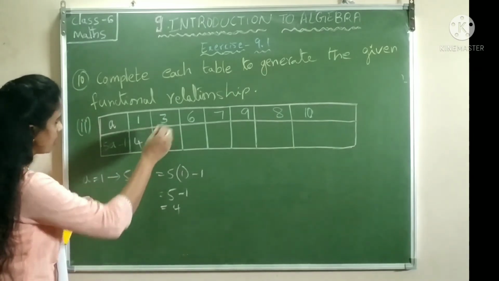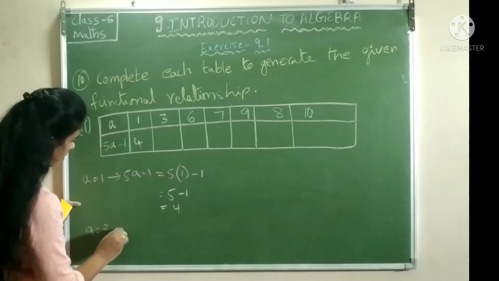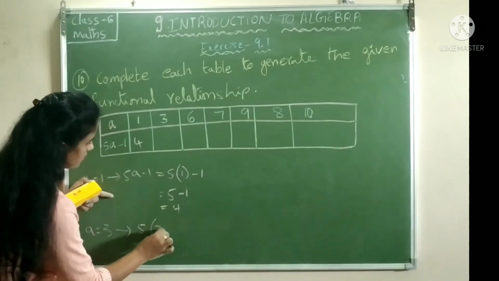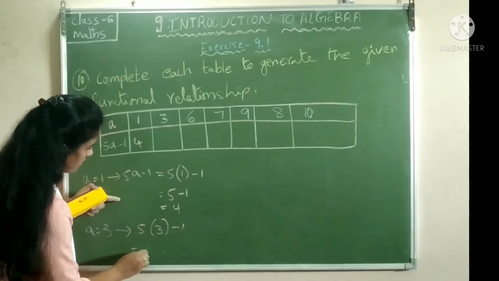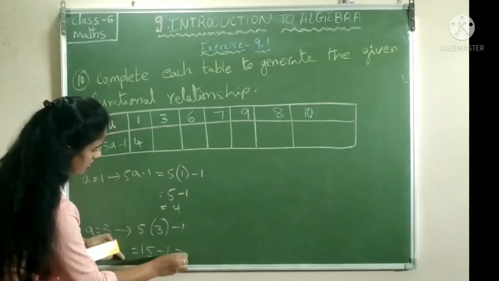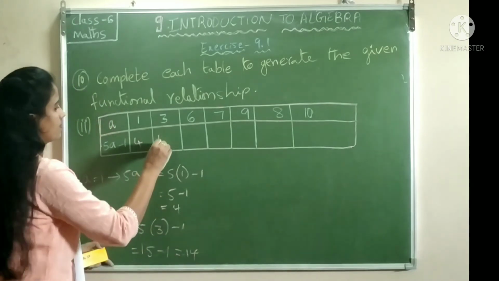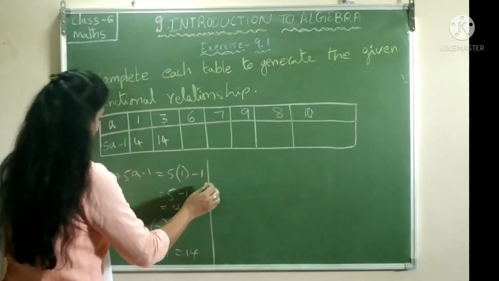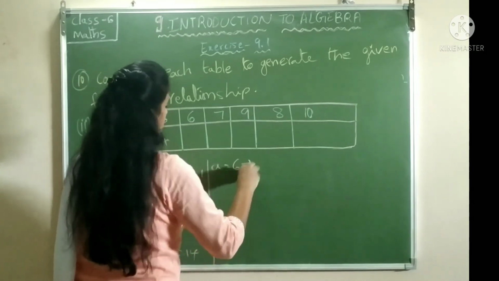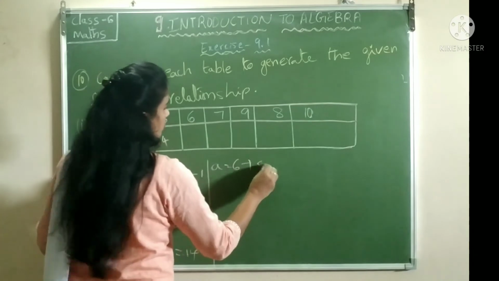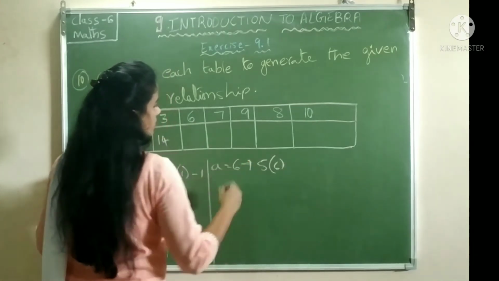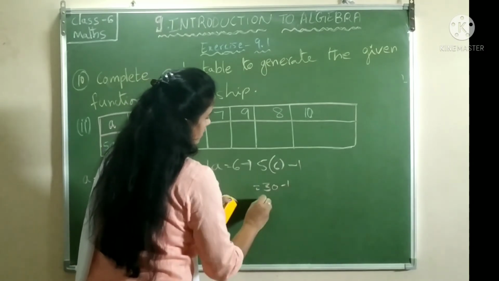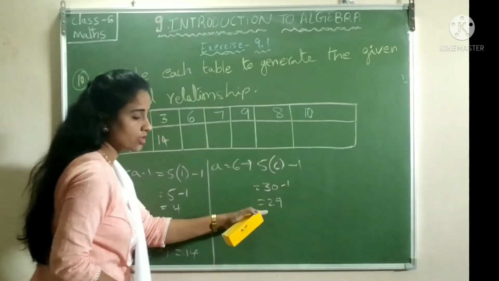See, if a is equal to 3, then 5a minus 1 is 5 into 3 minus 1. 5 threes are 15, minus 1 is 14. Suppose a is equal to 6, then 5 into 6 minus 1: 5 sixes are 30, minus 1 is equal to 29.